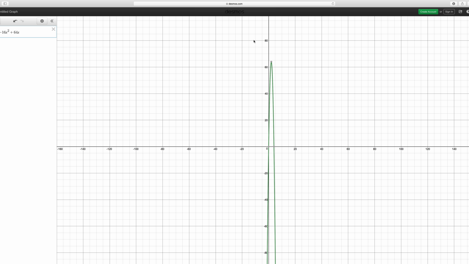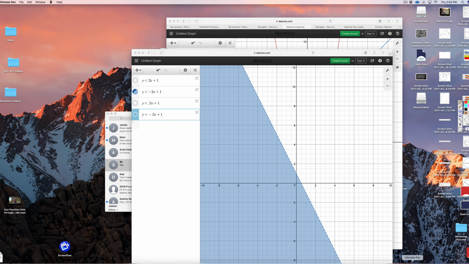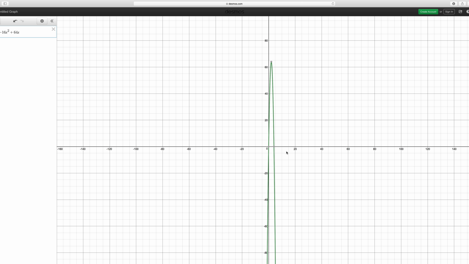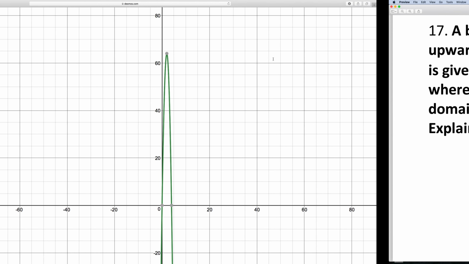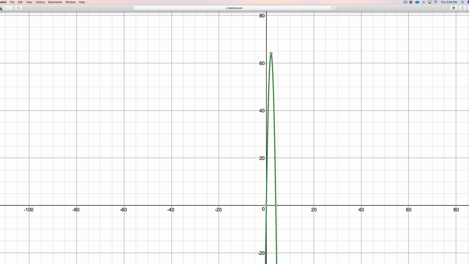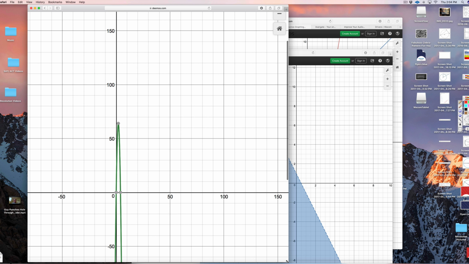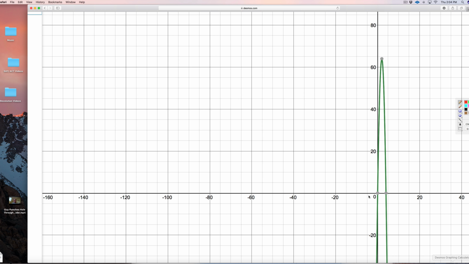But what they mean by that is there's a limitation on the options for what y could be. What are the limitations? Could y be anything? No. There's a certain point up here that's so high that y can't be it. So what you would need to do is trace this maximum and realize that y could only be a value lower than this maximum. So that's something that you would explain to them.